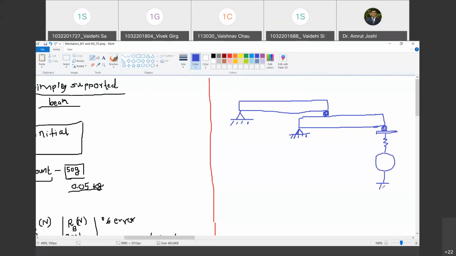Are you with me? Yes, sir. Now this beam is of 1 meter length. Both the beams have a length of 1 meter.